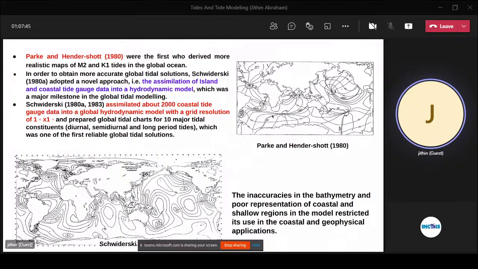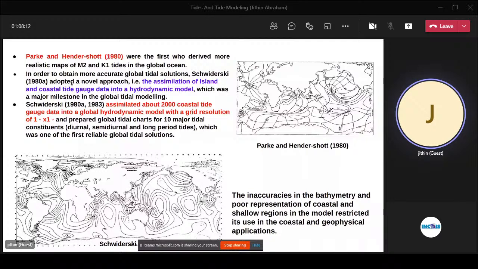It gives the overall picture of the tides, but the accuracies were low. Their model was able to capture all the basic features, such as amphidromic points and the phase variation in the global ocean.